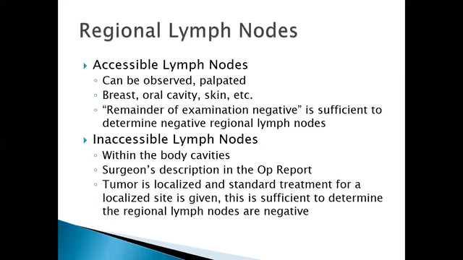Some lymph nodes are accessible, which means they can be seen, palpated, or examined without any instruments, such as the lymph nodes of the breast, oral cavity, and skin, and many more. A statement such as remainder of examination is negative by a physician in the pre-op report or history and physical consult is sufficient to determine that the regional lymph nodes are negative.